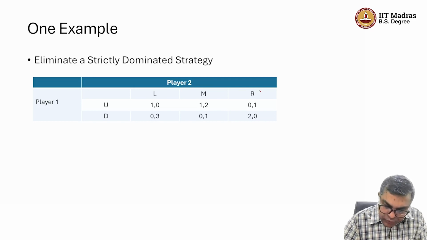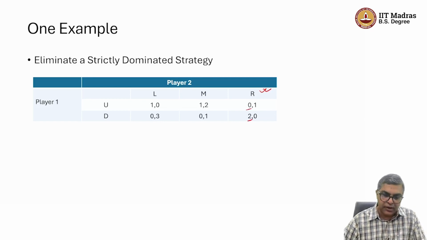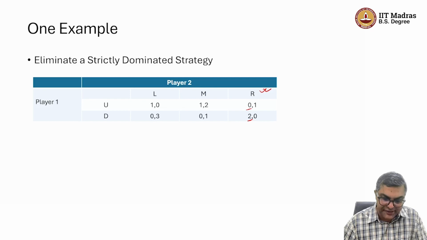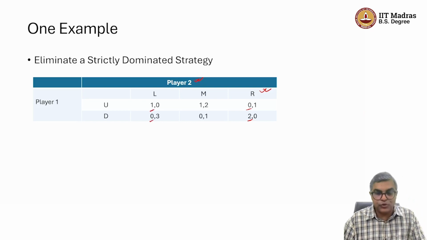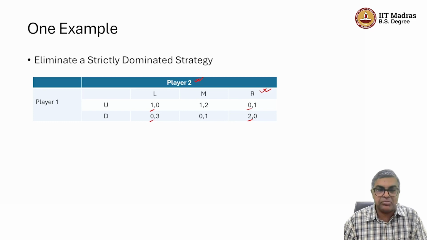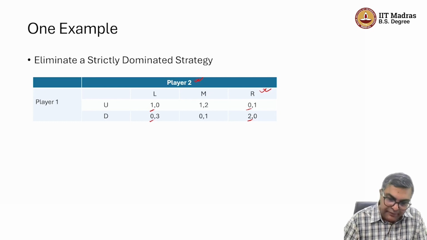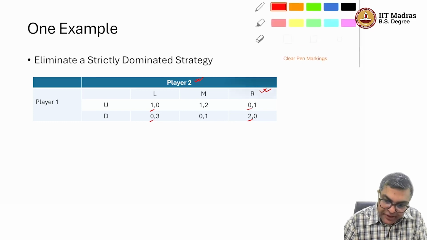Because when player 2 plays R, D gives more than U, and therefore U doesn't dominate D. D also doesn't dominate U, because when player 2 plays L, then D gives 0, U gives 1, so D doesn't dominate U. So we have no help here if we just want to use dominant strategy.